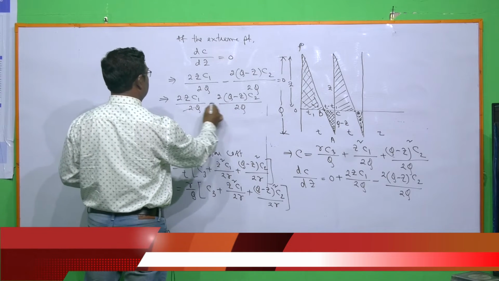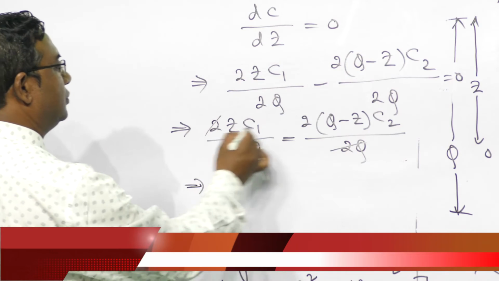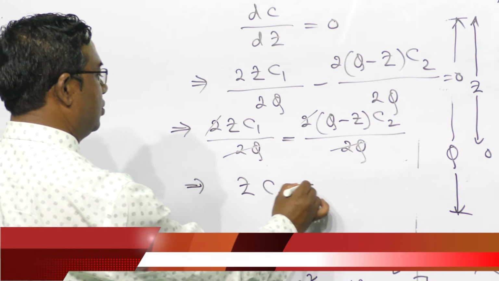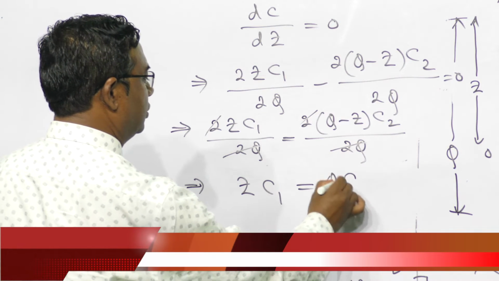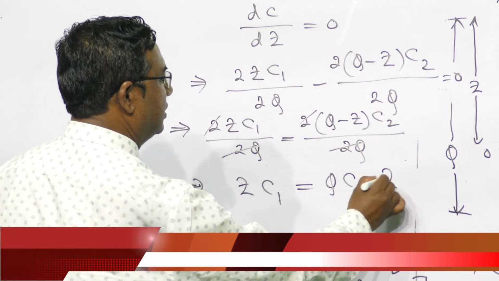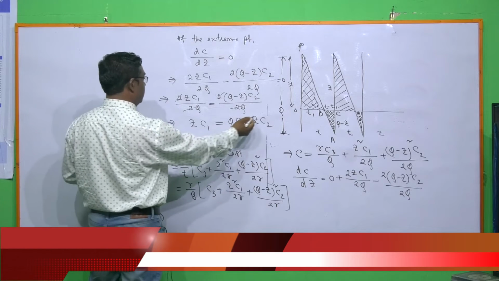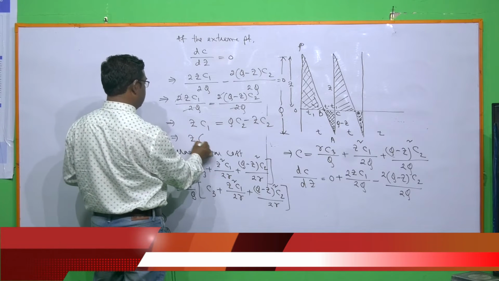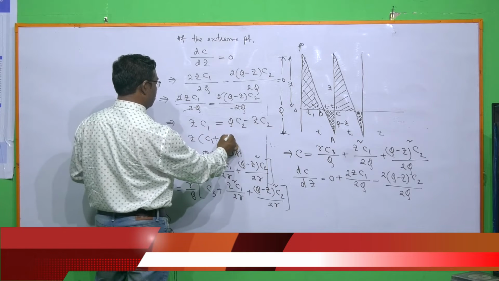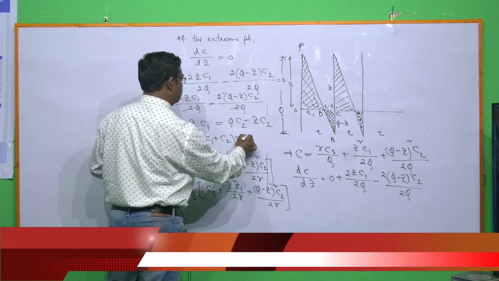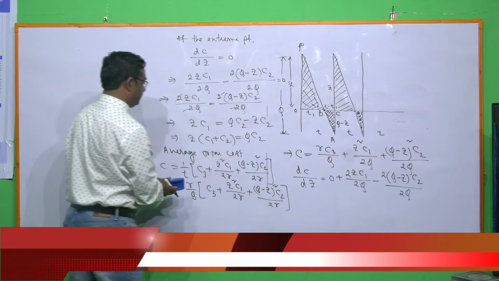So we can cancel 2Q, 2 also. This is Z C1 equals QC2 minus ZC2. You bring this here, taking Z common, (C1 plus C2) Z equals QC2.